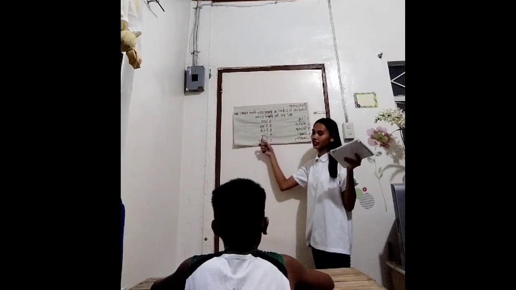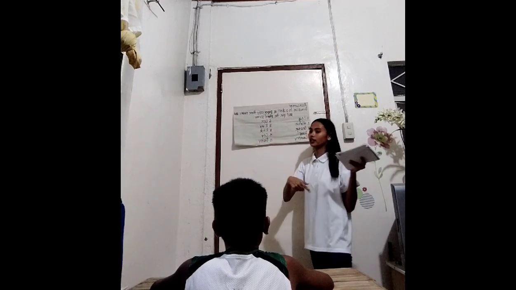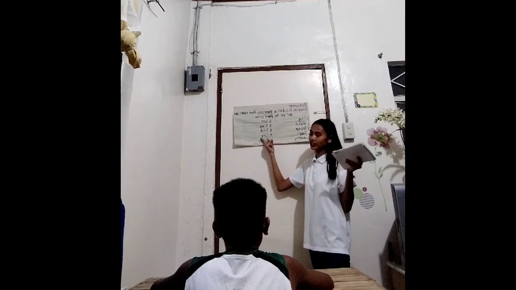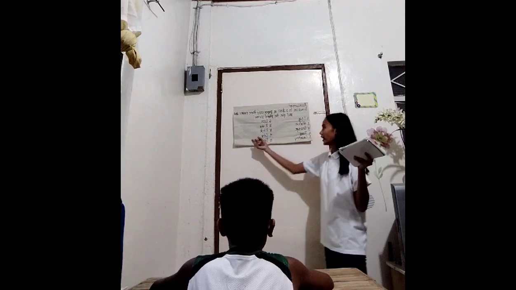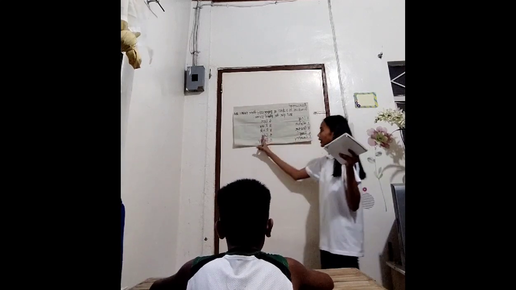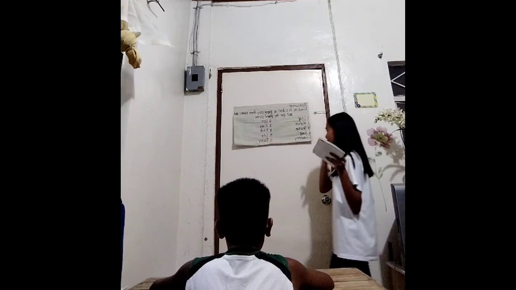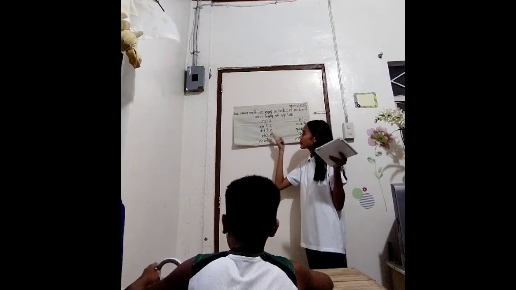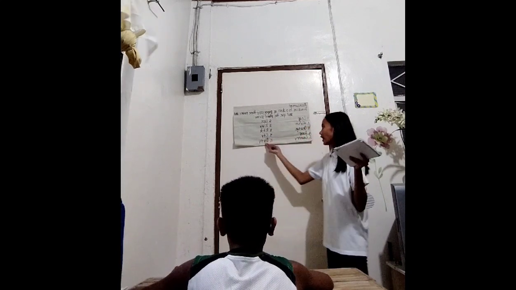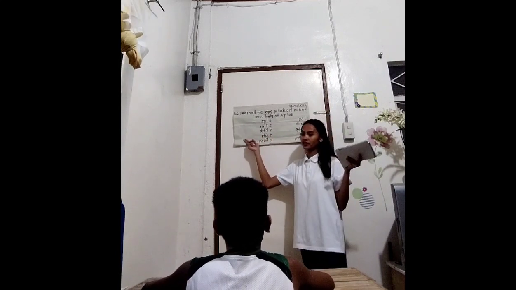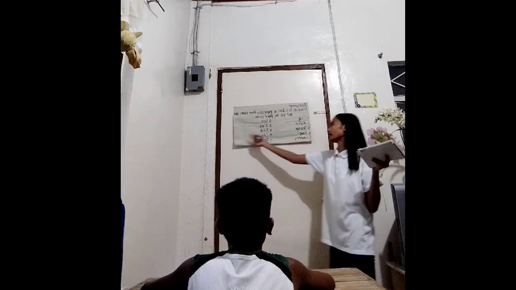Number 9, city. What is the plural form of city? Cities. Okay, we replace Y with IES. City is an example of a singular noun, and cities is an example of a plural noun.